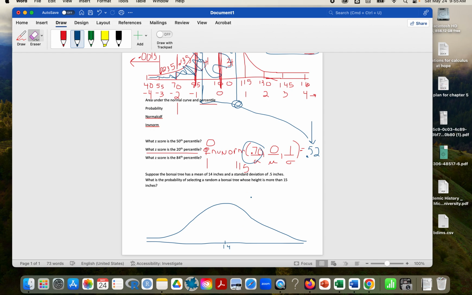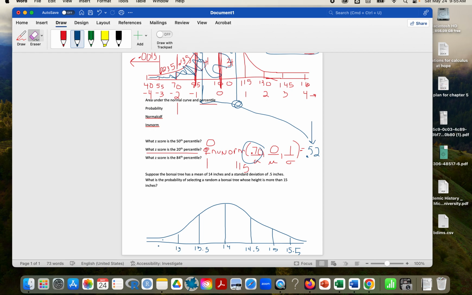Now the standard deviation is a half, so this mark here is 14. Here's our 14 and a half. Here's our 15. So here's our 14.5. Here's our 15. And then here we're at 15.5. And then we go back the other direction. So we're at 13 and a half. And then 13.